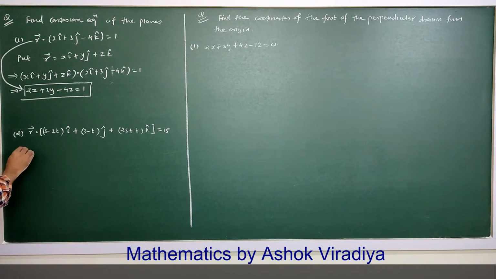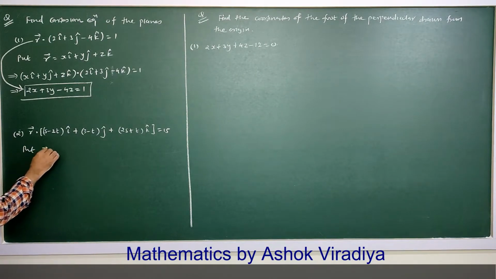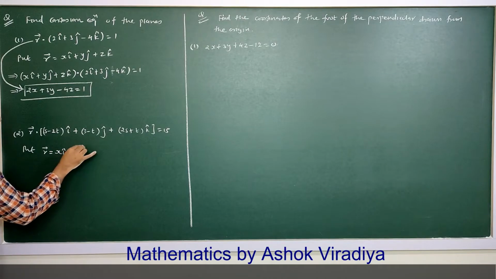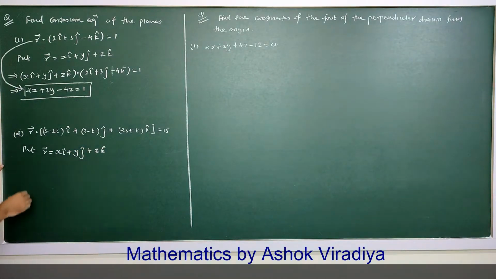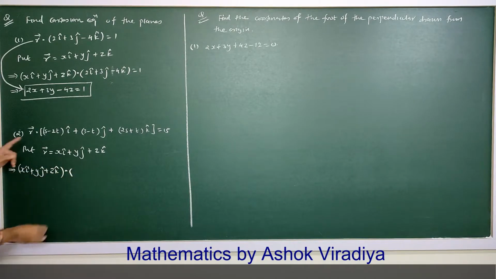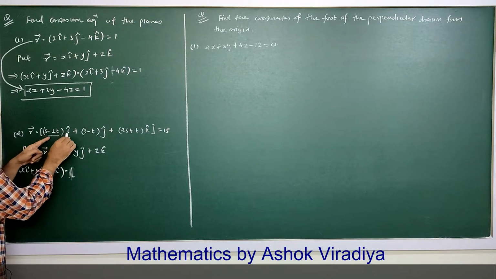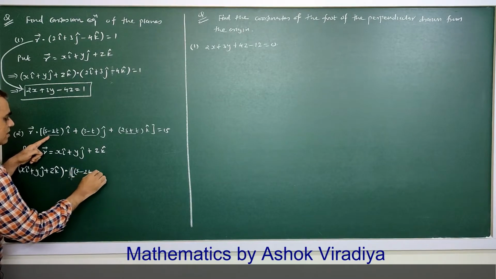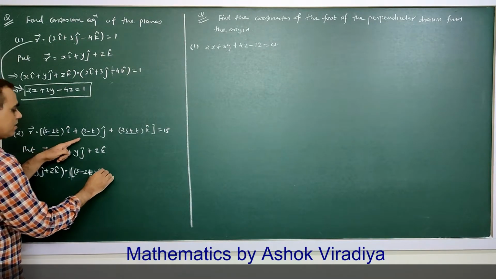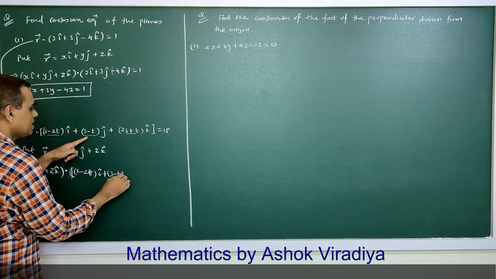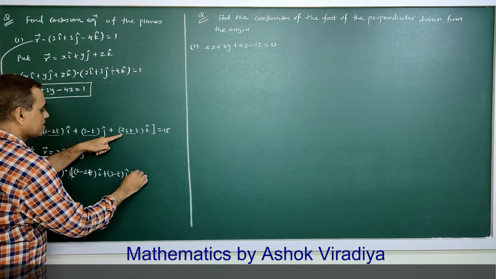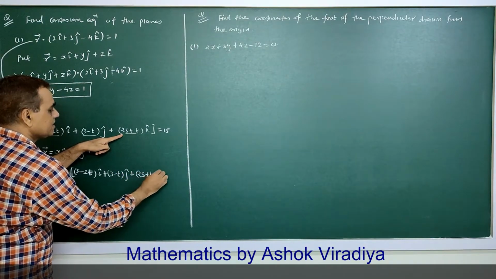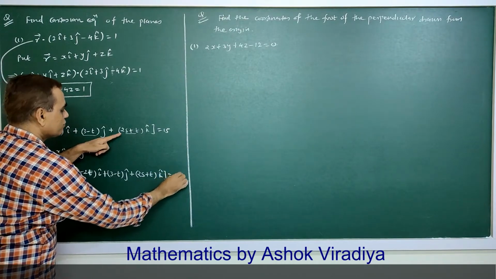Similarly here, if we put vector r as xi plus yj plus zk, then xi plus yj plus zk dot, this is like ai plus bj plus ck, equal to 15.